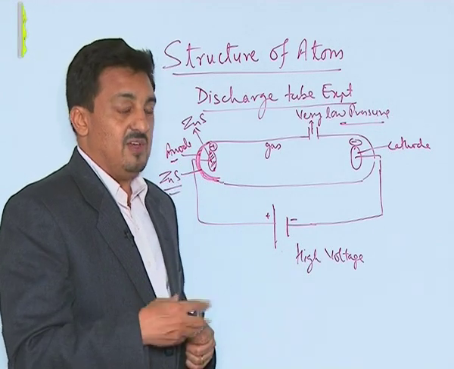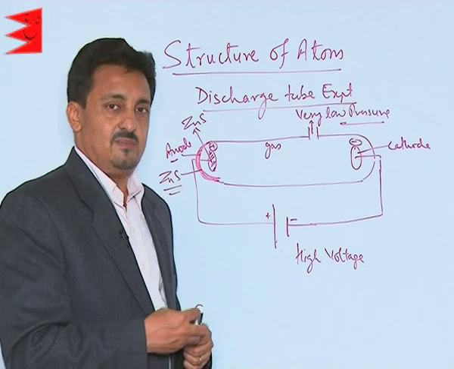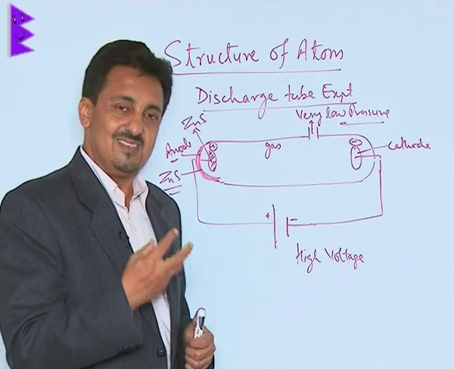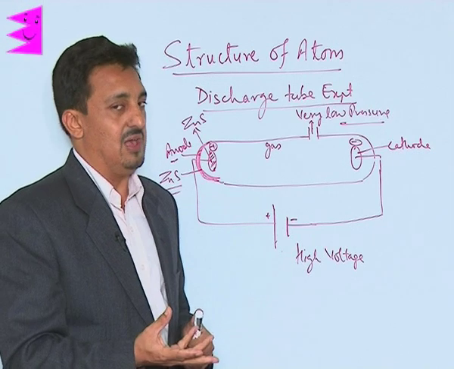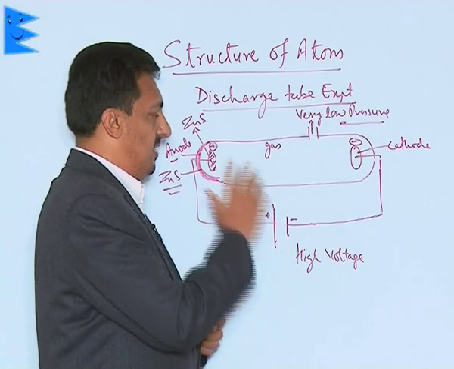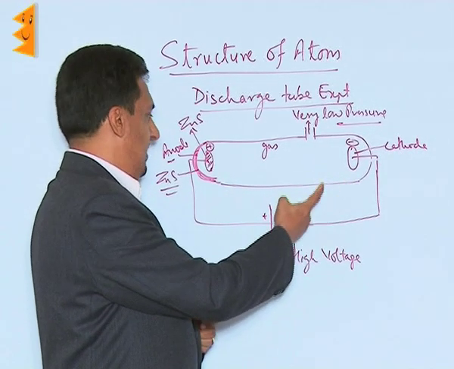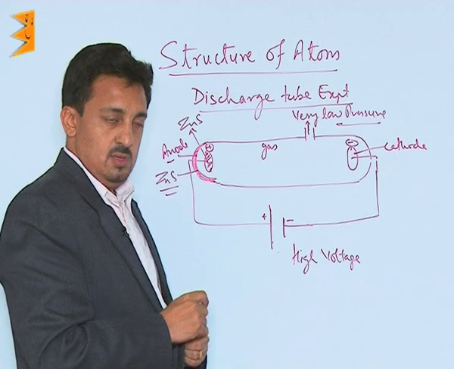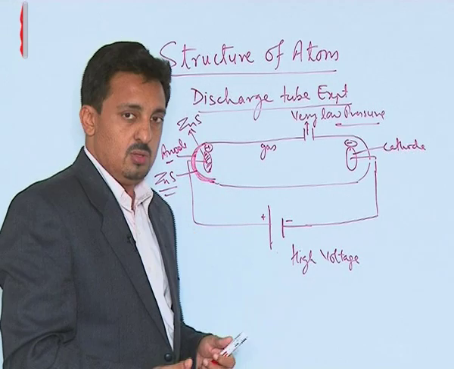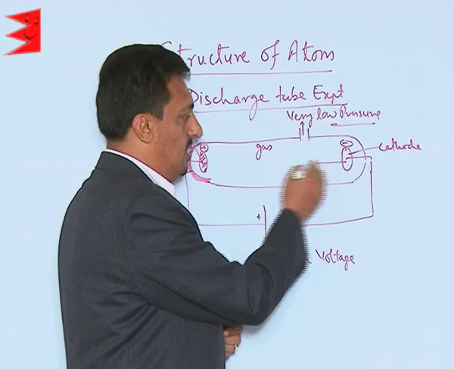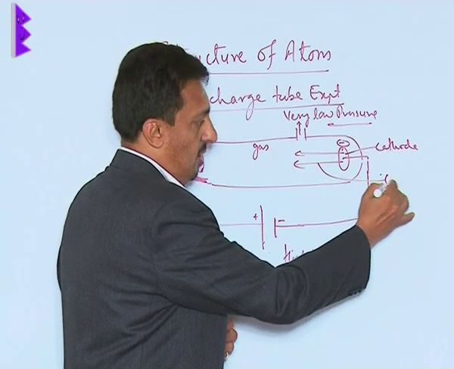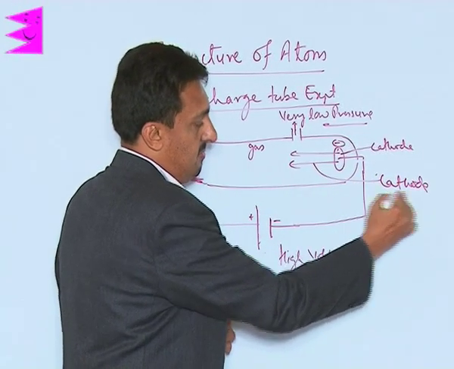Now Goldstein was very much surprised by these rays, and he did a number of experiments on these rays to conclude what exactly these rays are and what their constituents are. Now, the first thing was understood: since these rays are coming towards the anode and making the back side of the anode glow, they are coming from the cathode, and that is why these rays are called cathode rays.